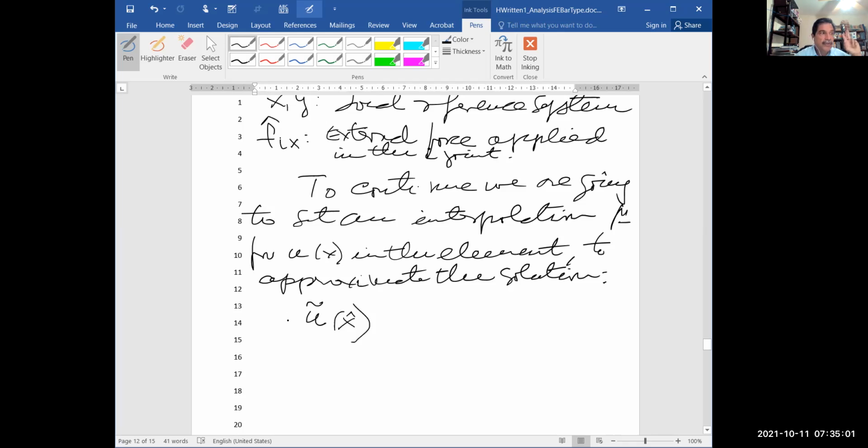So we have only two conditions, and we can include two constants to be determined in a minute in this expression. The easiest way is to say that this is equal to A1 plus A2 x local. And this is going to be valid only in this element.